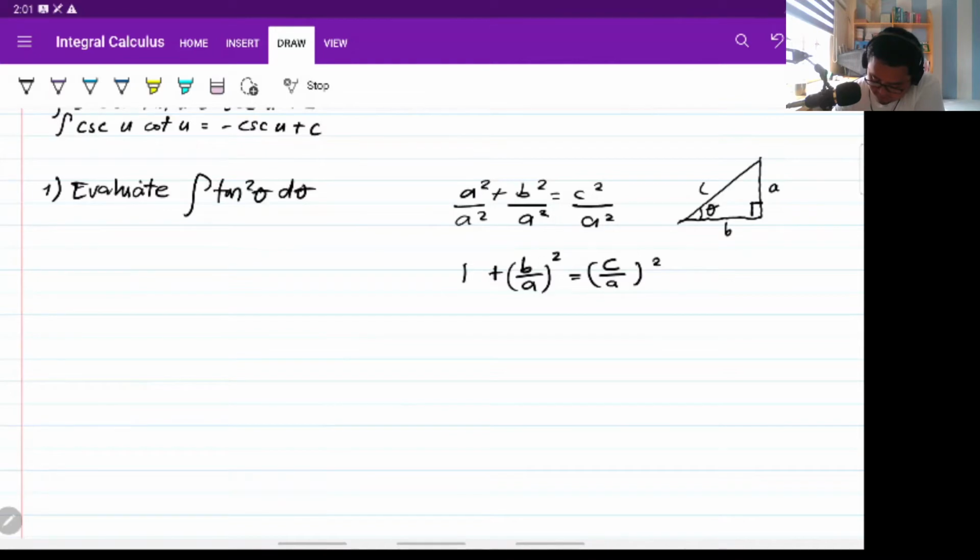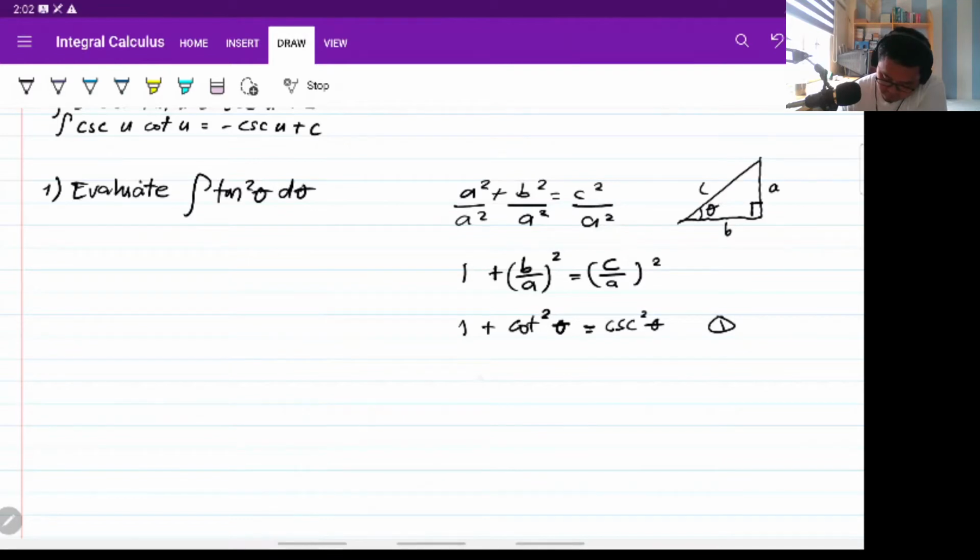So B over A is cotangent, so 1 plus cotangent squared theta equals C over A. C over A is the inverse of sine. So that is cosecant squared theta. Okay? So this is our trigonometric identity number 1.